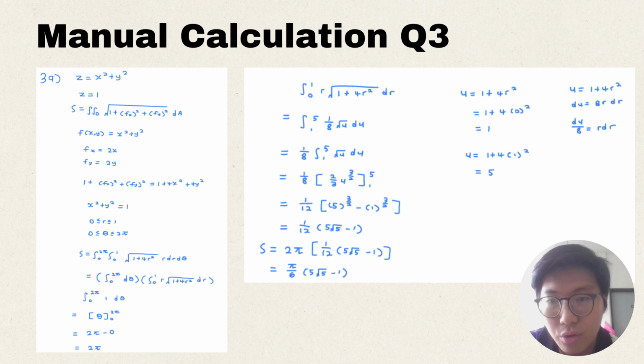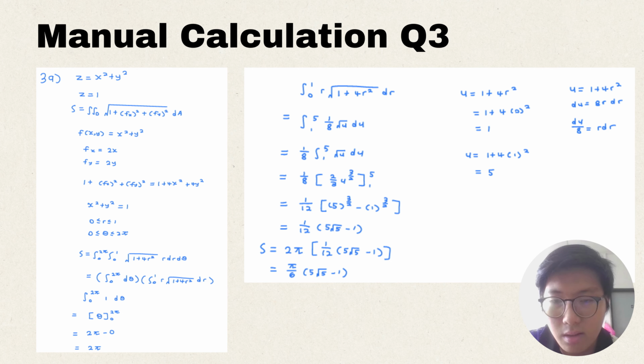So for question 3, firstly, we need to find the differential for x squared and y squared, and then we get 2x and 2y, and then we put it into the surface area formula, and we get the answer is square root of 1 plus 4x squared plus 4y squared, and we know x squared plus y squared is equal to r squared.